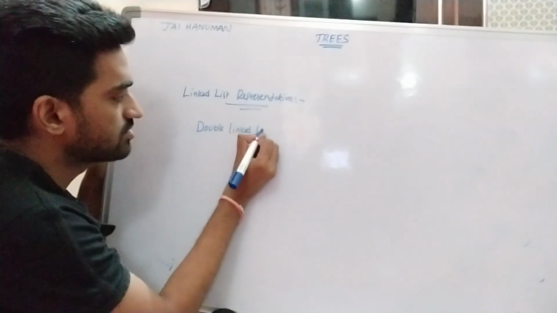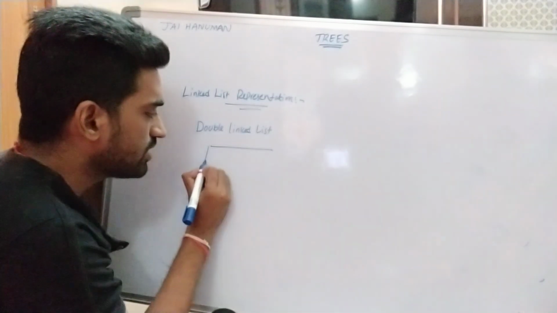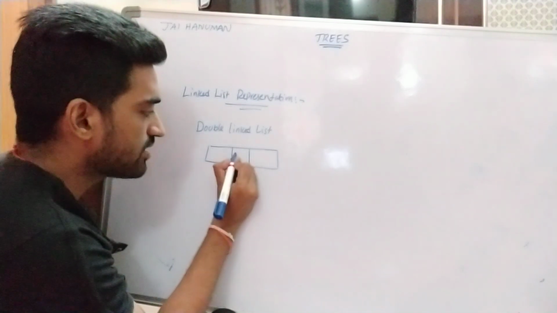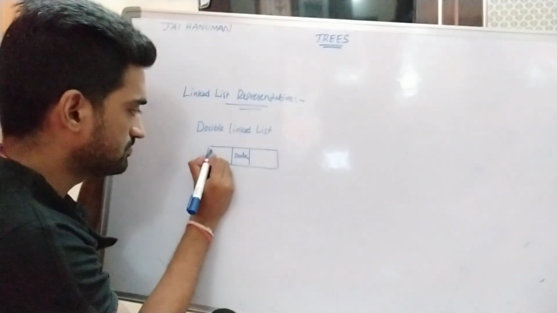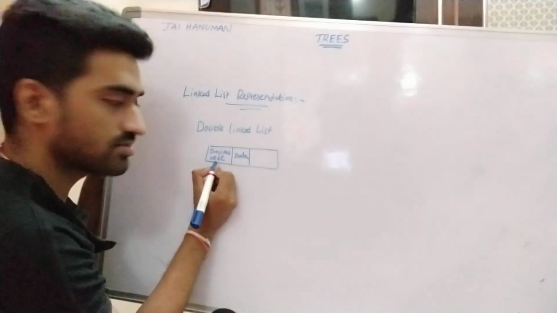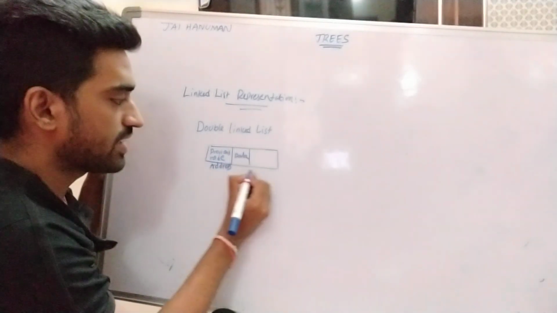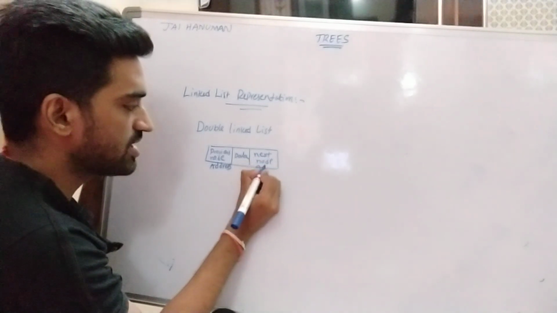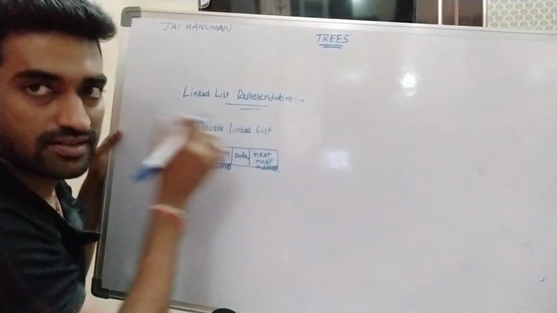In a double linked list, each node contains three fields. The middle field represents the actual data of the node. The left field specifies the previous node address, and the right field represents the next node address. Based on this structure, I represent binary trees.